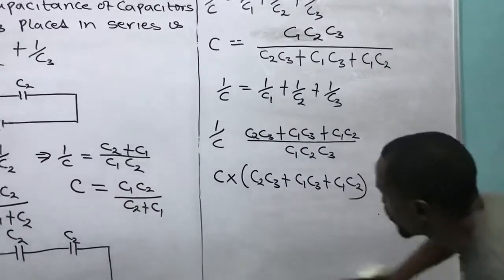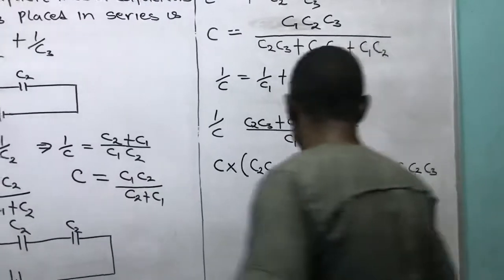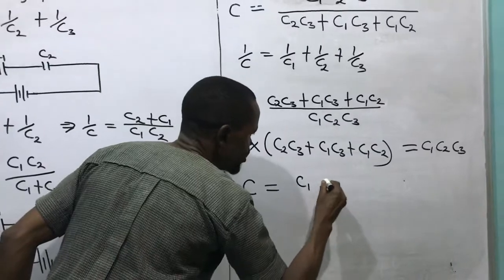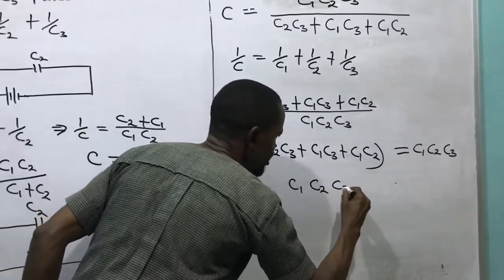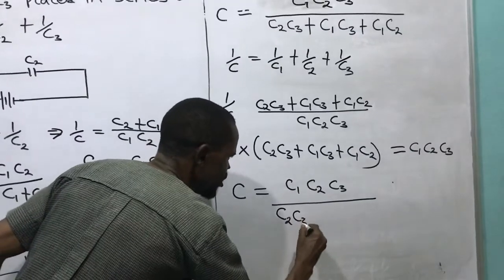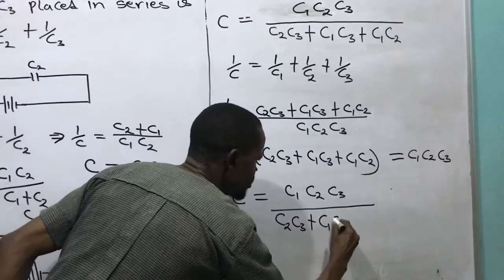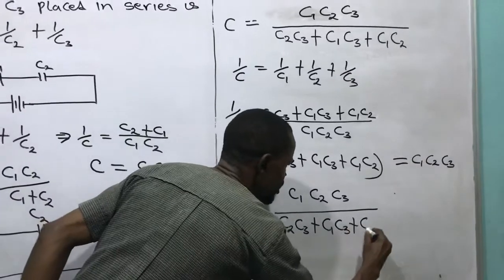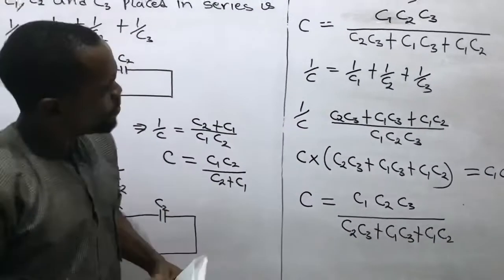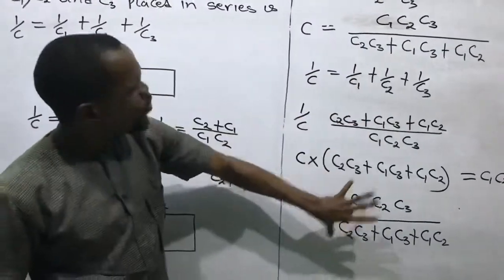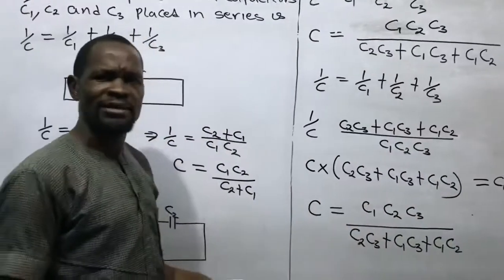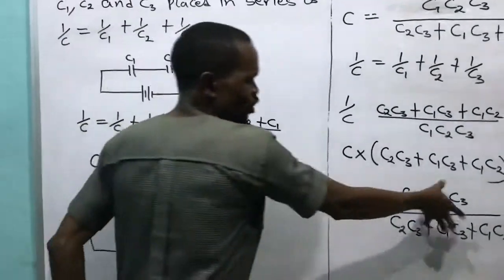I will have that C equals C1 C2 C3 all over C2 C3 plus C1 C3 plus C1 C2. This is what I did. So by the time you are doing this, someone has already arrived here waiting. Substitute the values and calculate.